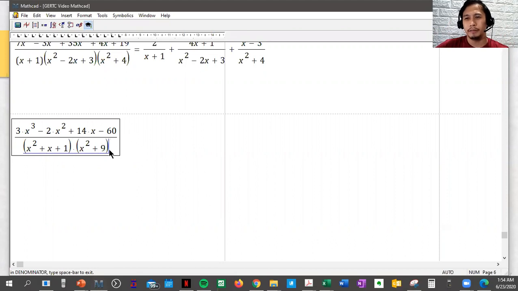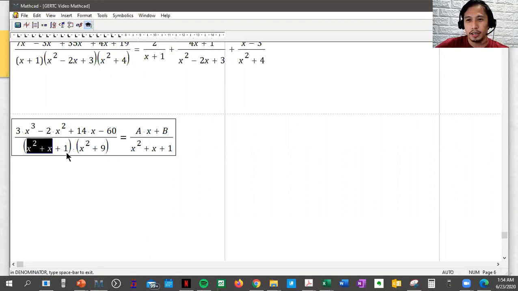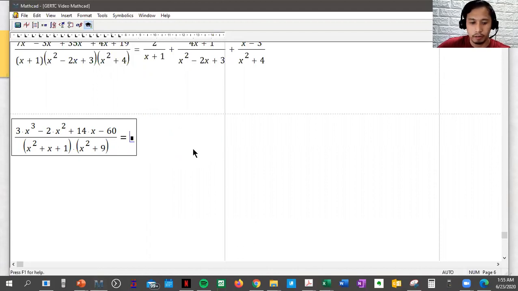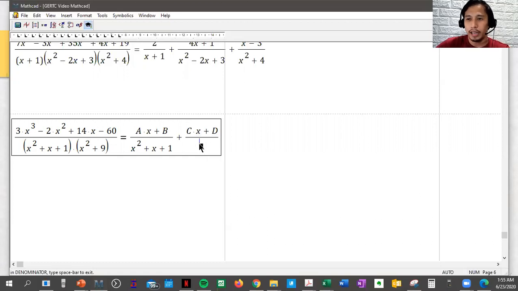So, ganito yan. If you are to rewrite it into its partial fraction decomposition, ax plus b for this x squared plus x plus 1, then plus cx plus d, or you may make that any variable, over x squared plus 9.